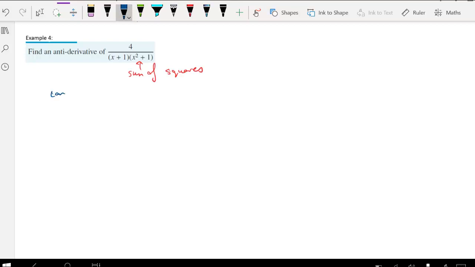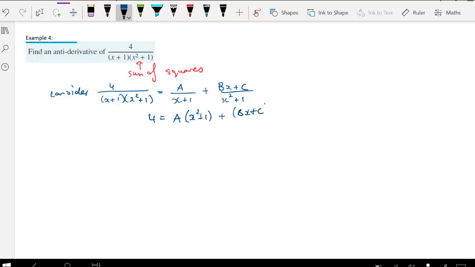So when we consider this 4 over x plus 1 and x squared plus 1, we're looking at it in the form a over x plus 1 as a linear denominator and bx plus c as we have a quadratic denominator. So we've got 4 is equal to a multiplied by x squared plus 1 and bx plus c multiplied by x plus 1. That gives us our common denominator of x plus 1, x squared plus 1.